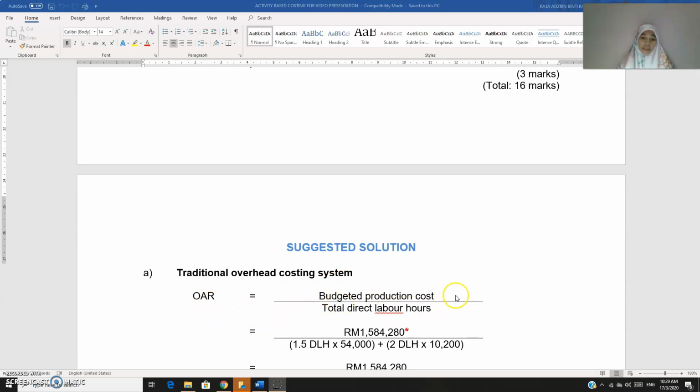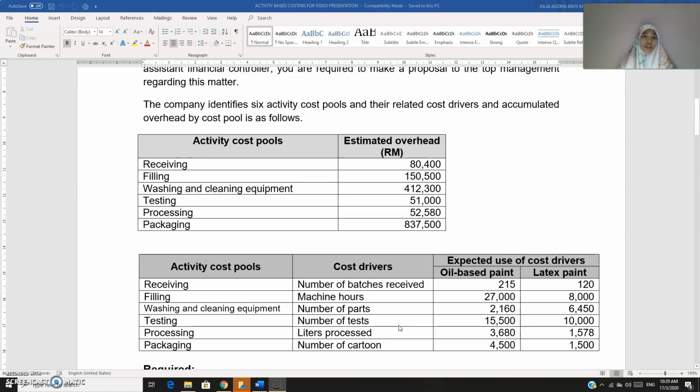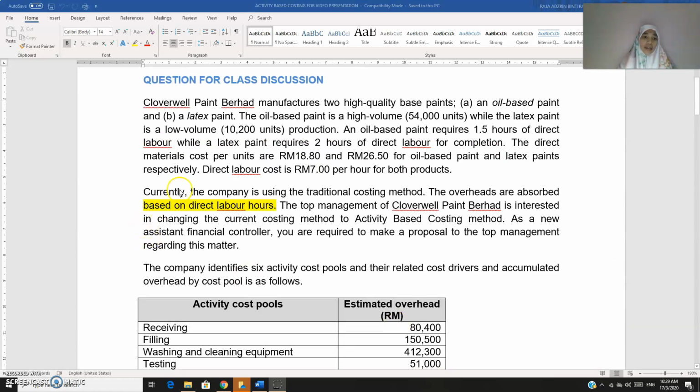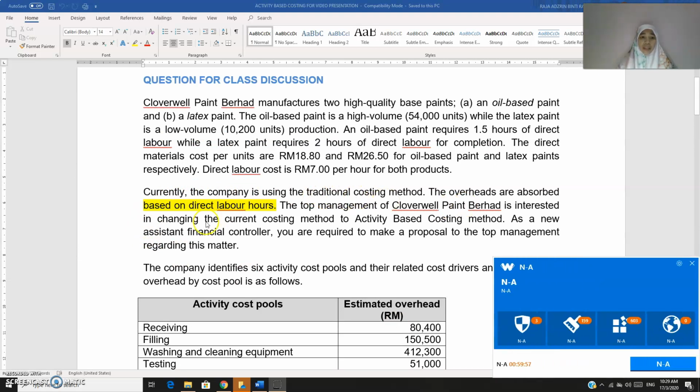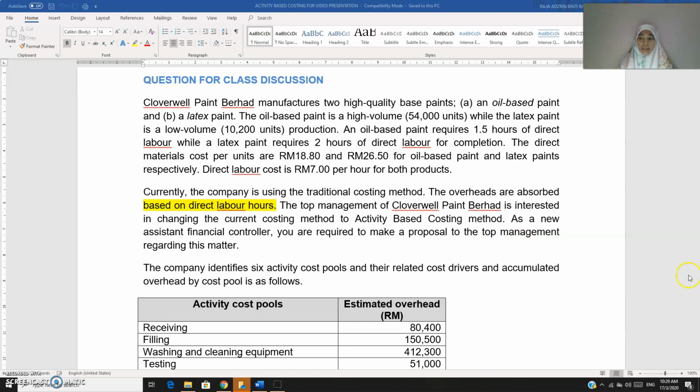That is your budgeted production cost, or specifically your overhead cost, divided by your total direct labor hours. How do I know you have to divide by the total direct labor hours? You can look at the question. If you look at the question, it states that the company is using the traditional costing method, and the overhead is absorbed based on direct labor hours.